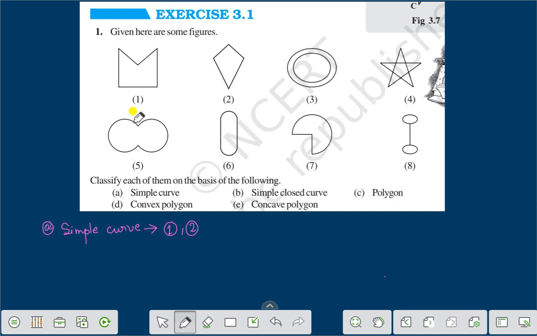If we start from here and come again to this point, that means 5 is also a simple curve. Here if we start from here and come again here, this is also a simple curve.